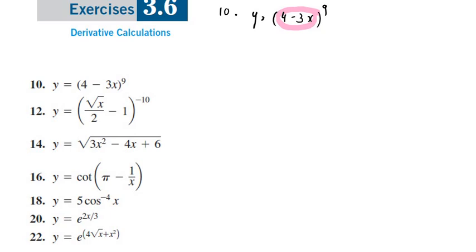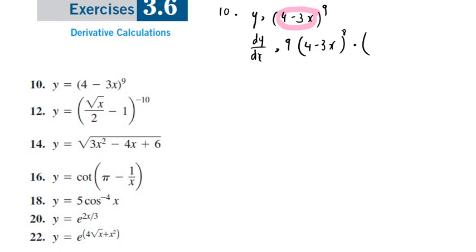So let's take 10, that is y equals (4 minus 3x) to the power 9. So what we do here is, this is your baby function, and the outer layer would be the 9.